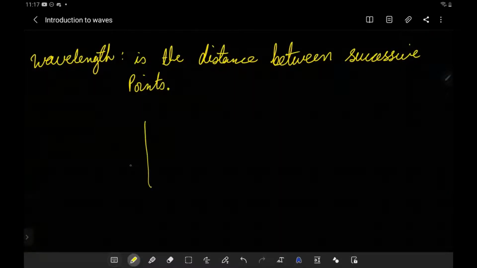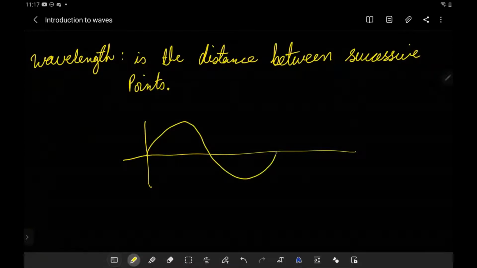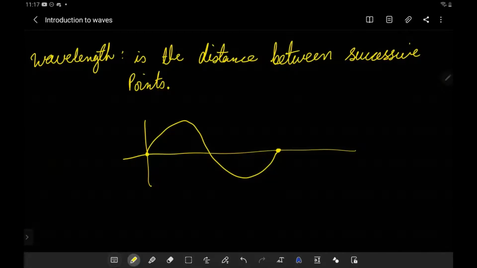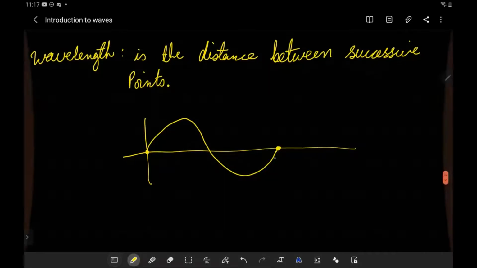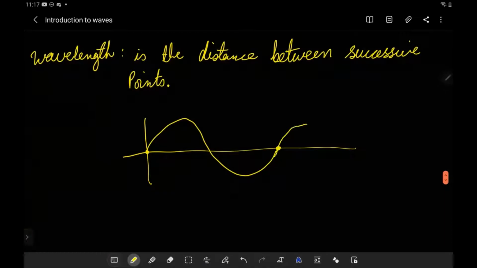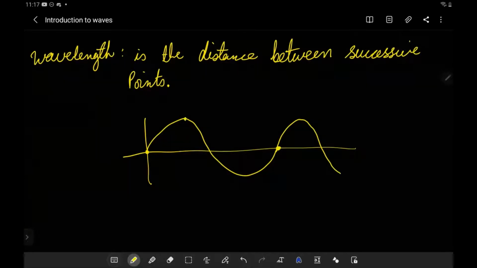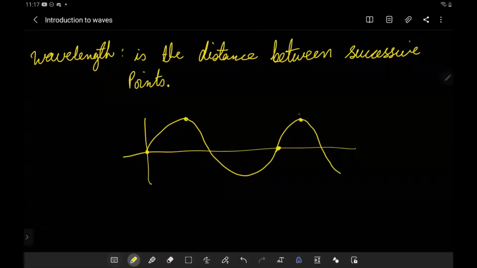So if we look at a wave, and we start here and we go here, this is the wave that we're looking at. The distance from this point to this point is one wavelength. If I continue the wave, the distance from this point to this point is also a wavelength.